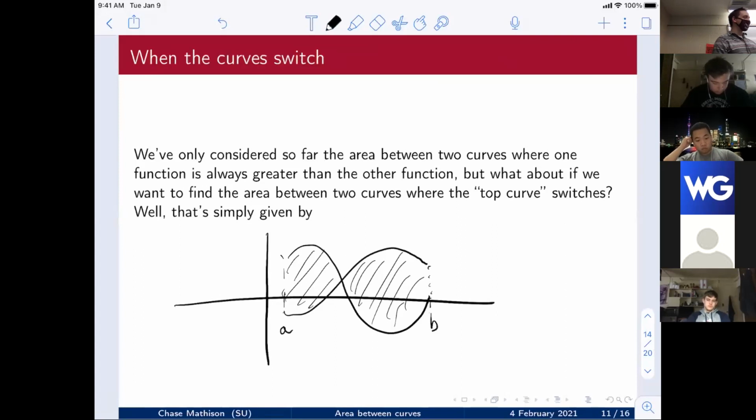If this is y equals f of x, and this is y equals g of x here, and this point of intersection here, I'll call C, x equals C. Then how would I find the area between these two curves?